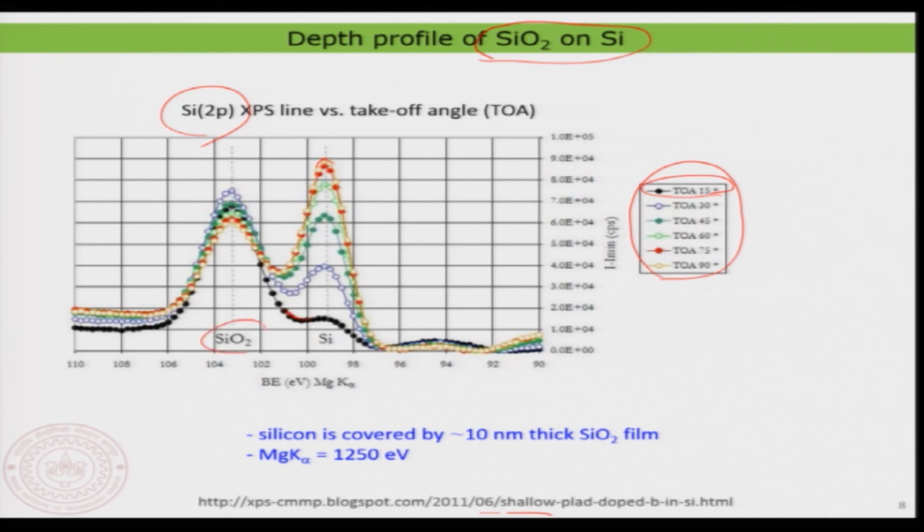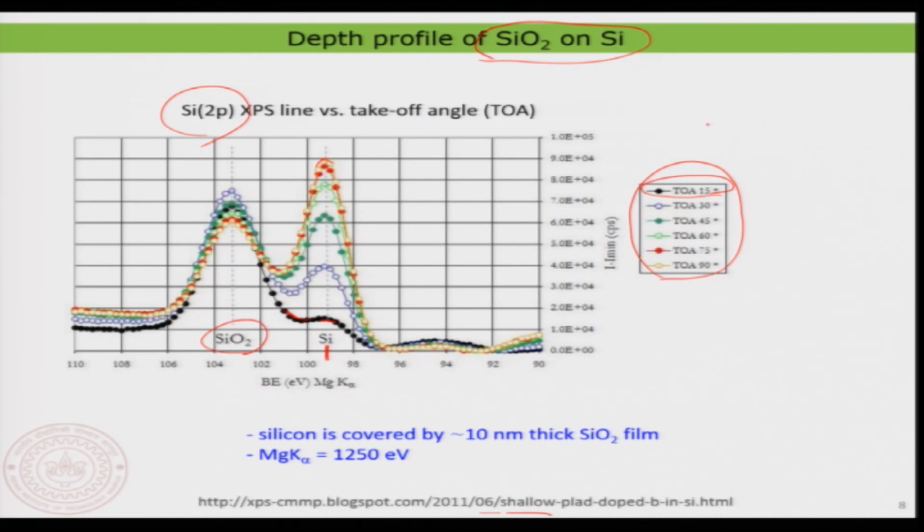The first resonance, the one at a higher binding energy, is from the silicon dioxide, because silicon is connected to oxygen, so the silicon 2p should be at a higher binding energy. Silicon is about 99 electron volt, because it is pure silicon. When you have a takeoff angle of 15 degree, you clearly see that I can only detect the silicon dioxide, and the silicon peak is almost vanished.